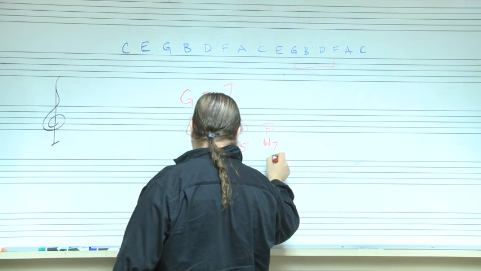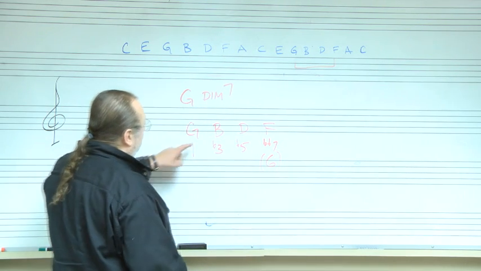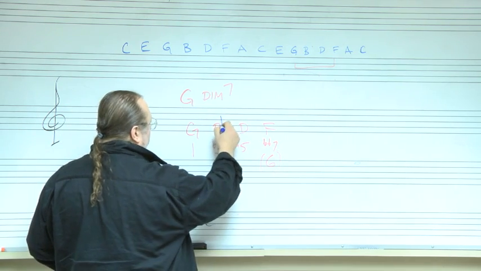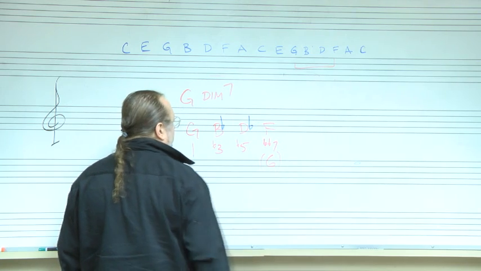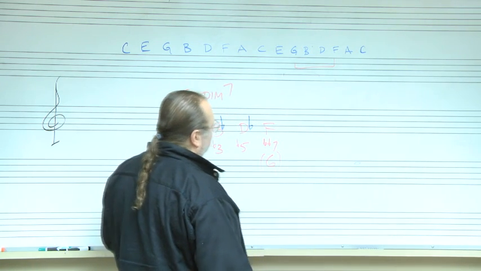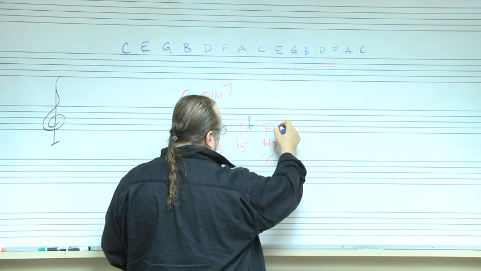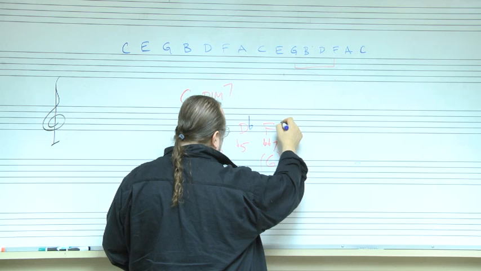A B in the key of G is a major third, so we make it a B flat. A D is a perfect fifth, so you make it a diminished fifth. And F is a 7, so it has to be an F double flat, which would be an E flat.